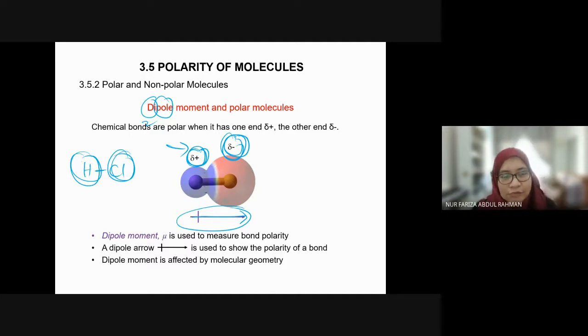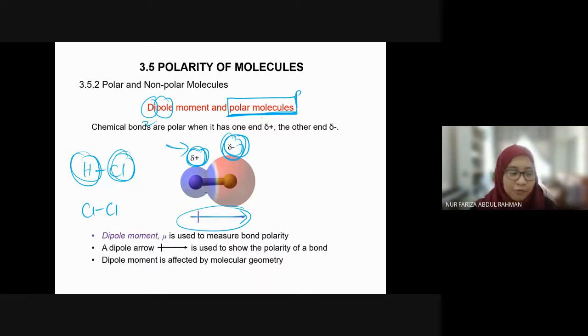Kalau later we have central and then we have terminal atom kan, ada banyak terminal atom kan. So that is slightly complicated compared to HCl, compared to Cl and Cl, H2. That means itu yang kita akan ada polarity of the molecule.